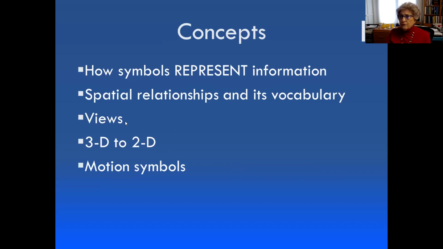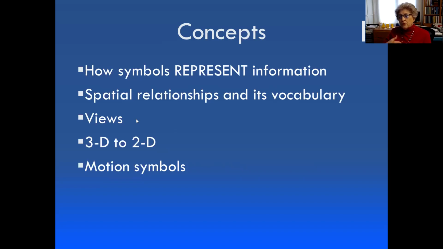A real important thing that we forget about very often is views. Kids need to understand that you can look at things from different directions, and that you may be talking about a front view or a side view or a top view. And when we start talking about maps, we're talking about an aerial view or a top view. And kids need to understand where that comes from.